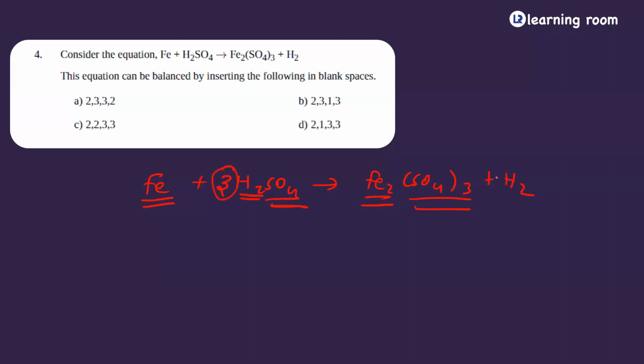H2, 3 H2. So 2 Fe. Do you understand now what I have done? I have not taken elements separately. Ions direct, positive ion, negative ion, direct ah balance. Is that clear? So the answer is what? 2, 3, 1, 3, option B. Clear? Let's get on to the next topic.